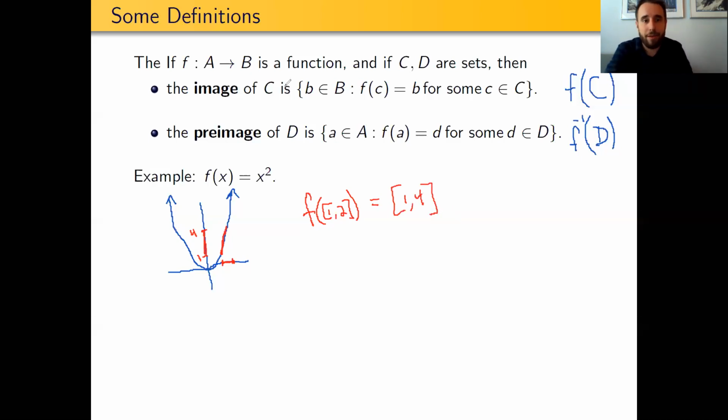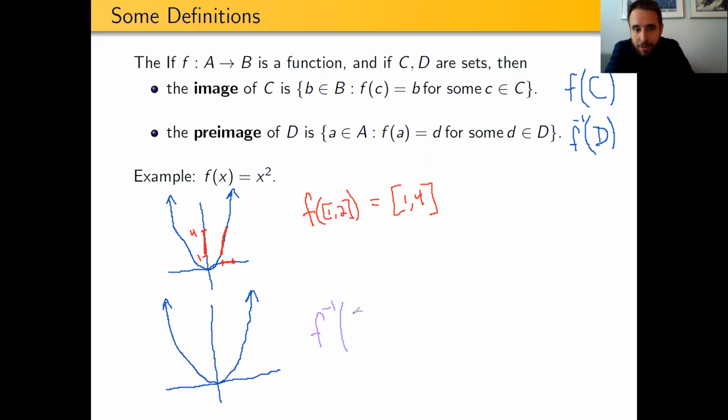At the same time, I'm going to pause the video here and draw a quick copy of this picture. Okay, so now we have our picture. And if we wanted to talk about a preimage, and this is kind of interesting, if we took f inverse of the set, just to keep it interesting, let's use 1 to 4.